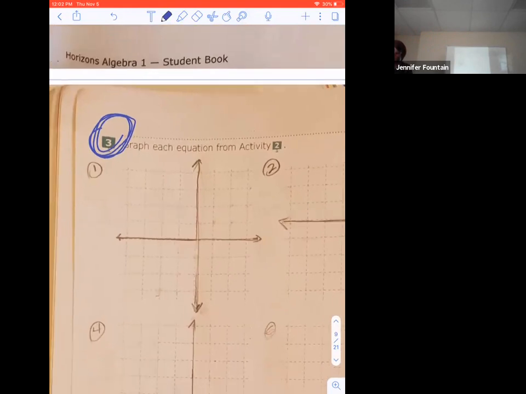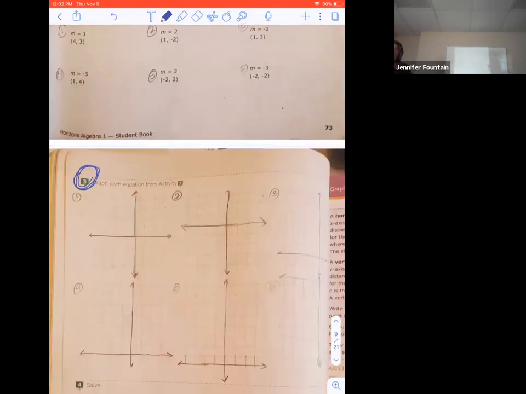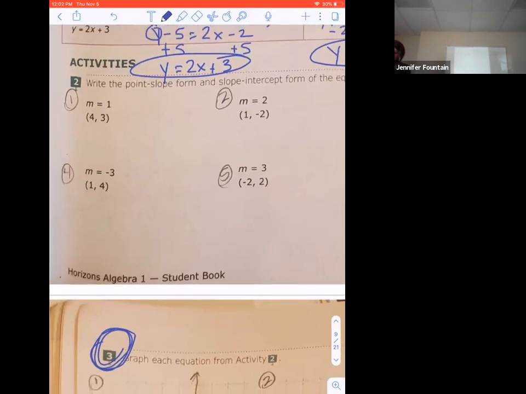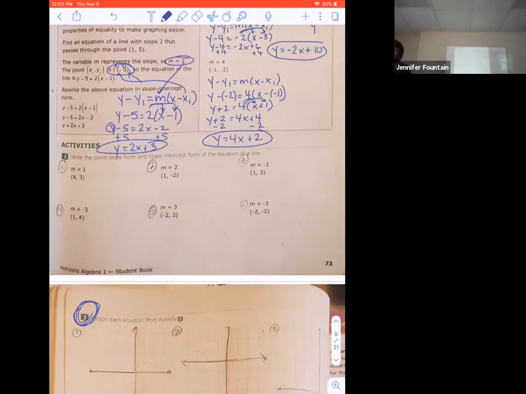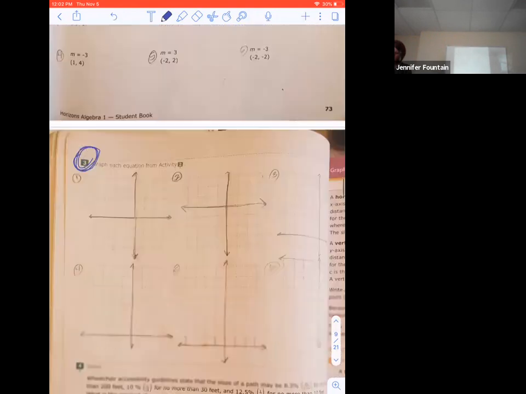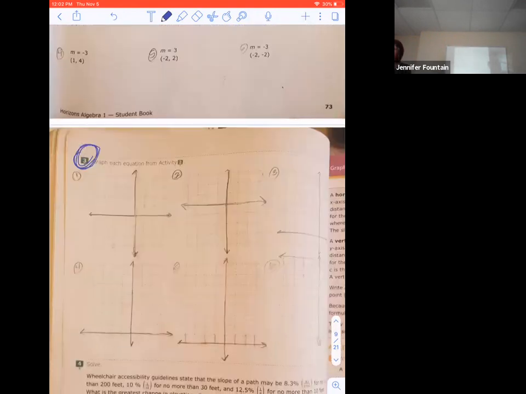If you look at page 74, it says to graph each equation from activity 2. Notice I've got these numbered 1, 2, 3 across the top, 4, 5, 6 across the bottom. So you'll need to graph those 6 equations on another piece of graph paper or on graph grids, whatever you want to use.